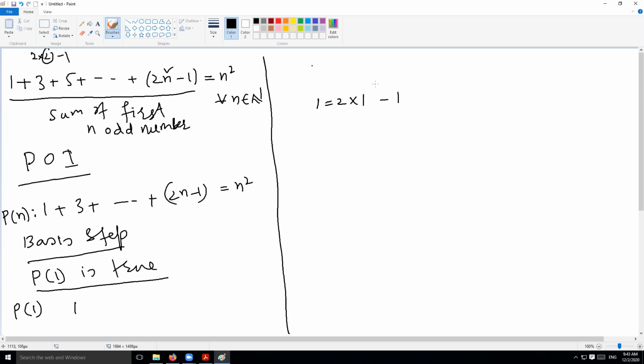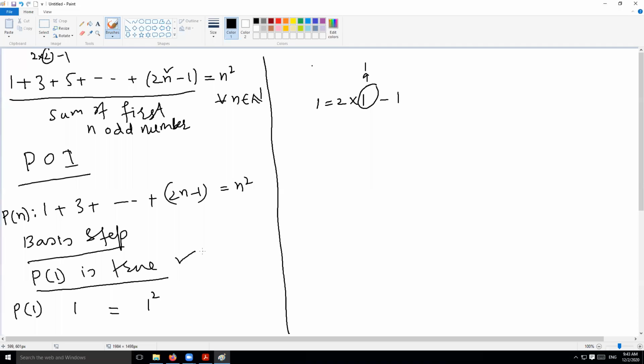So the n for the first odd number is 1. If the expression ends at 2n minus 1, this should be equal to n square. On the other side, what do you have? You have 1 square. The question is, are these two equal? The answer is yes, they are equal. So if they are equal, P of 1 is true.